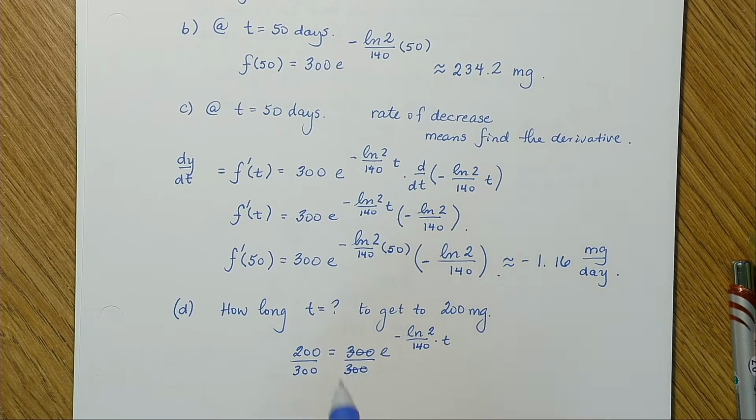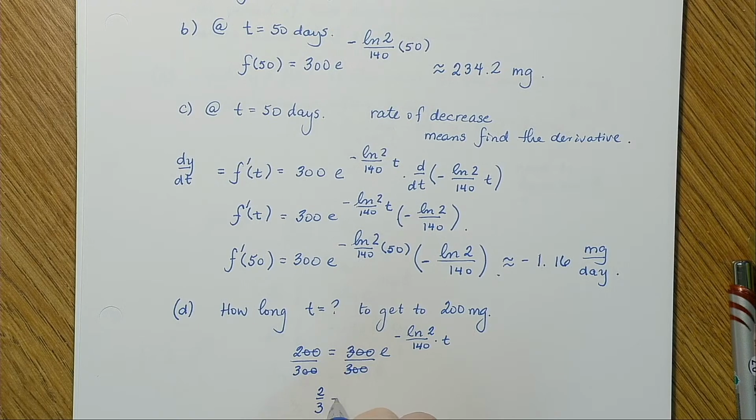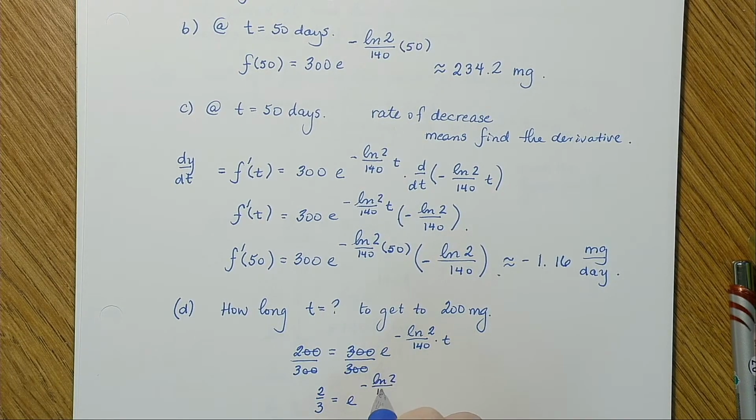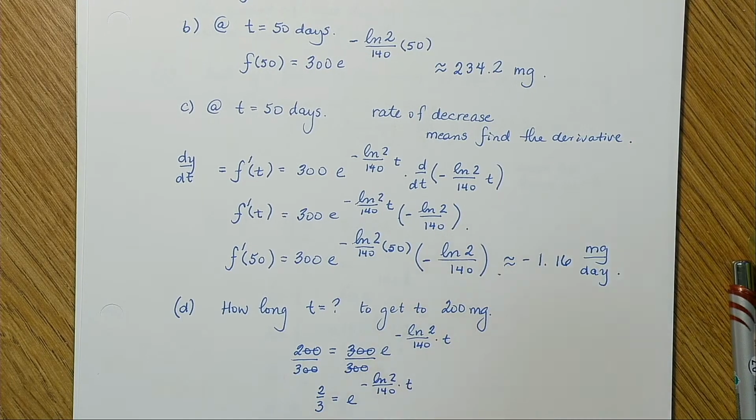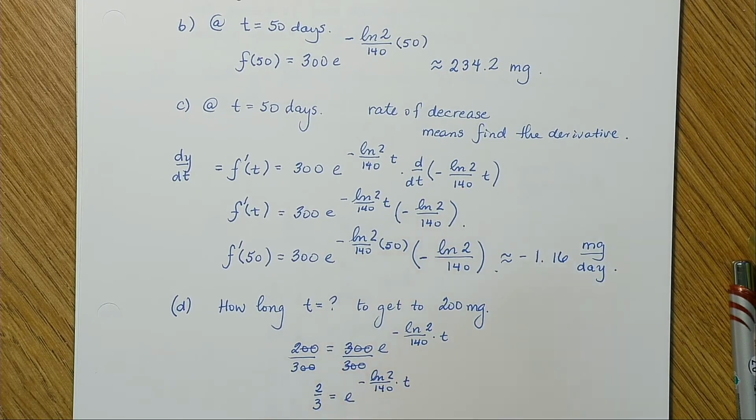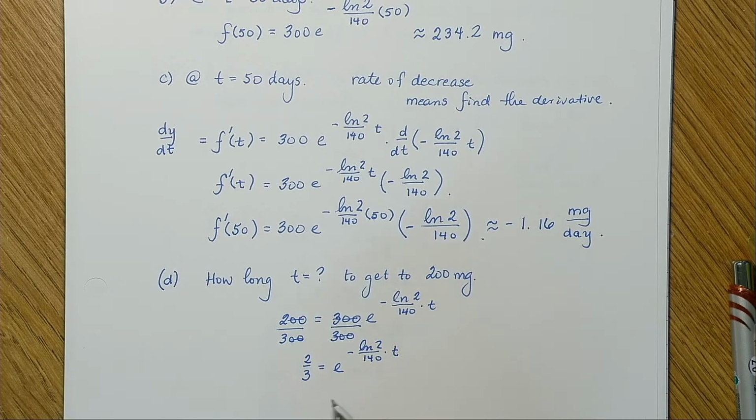So that goes to 1. And on this side, I'm left with 2/3 is equal to e to the minus ln 2 over 140 times t. And then I'm going to apply the logarithm on both sides.